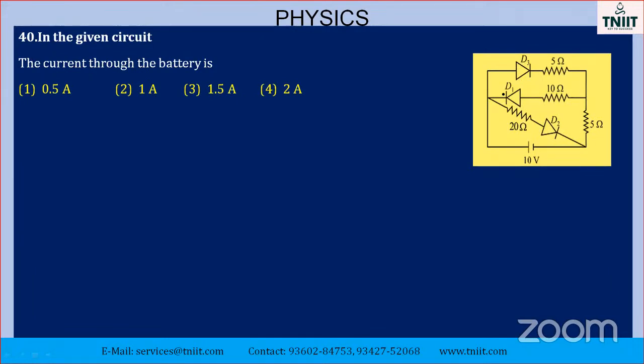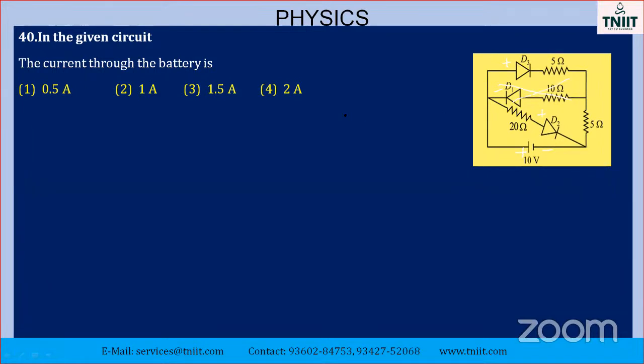In this given circuit, you have to find what is the current through the battery. Look at the diagram, students. This is positive terminal. This is negative terminal. This is positive. This is negative. This is positive. Now, according to this concept, positive is connected to negative, this is considered as reverse bias.